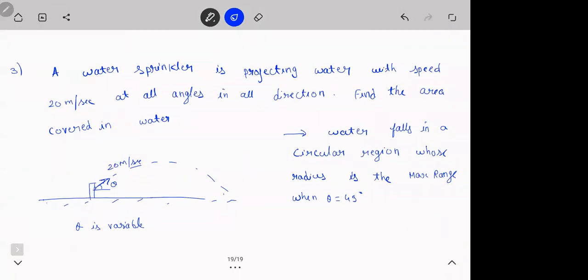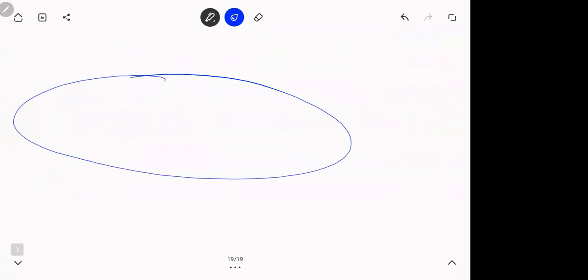This is 45 degrees. So this radius here is the maximum range, which is u square by g sine 2 theta, and sine 90 is 1. U is 20, so 400 by 10, that is 40 meters.